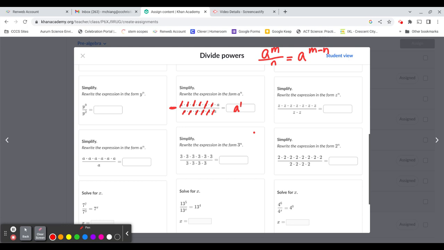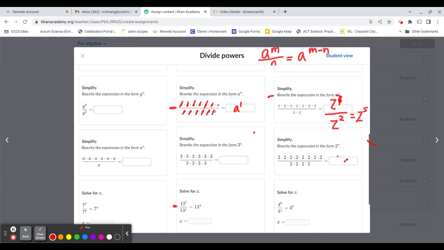Or you can use the exponent. So on the top, the next question, c, how many c's are multiplying each other on top? 1, 2, 3, 4, 5, 6, 7. So c to the power 7. Divide by the bottom, which is c to the power 2. So you can still subtract them. 7 subtract 2 is 5.